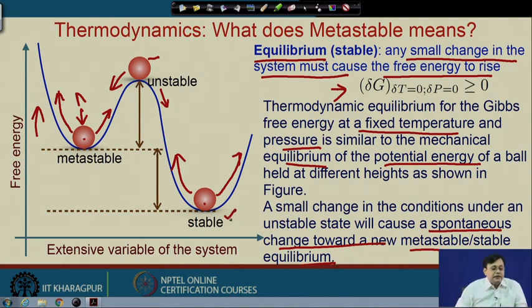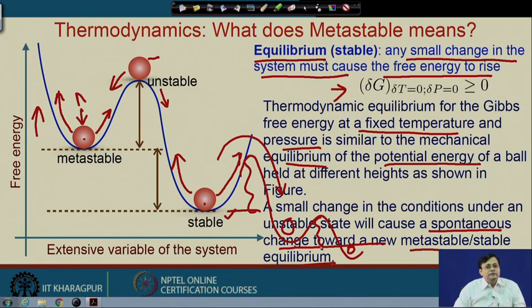Here this we define as stable, however, there may be more and more such conditions where it will be more and more stable, but in every case we need some activation energy, and this activation energy will dictate the kinetics of the process.